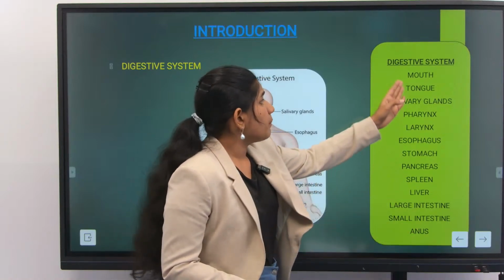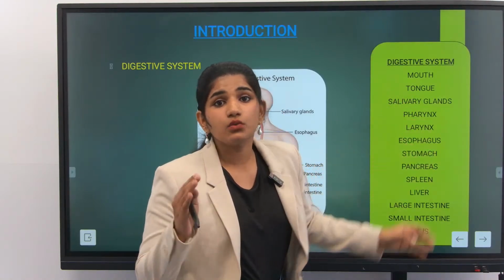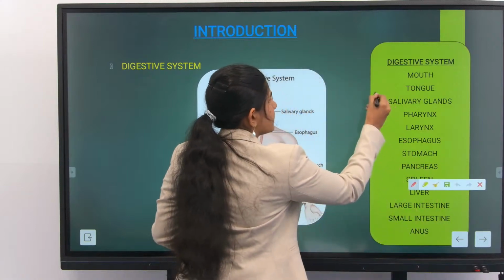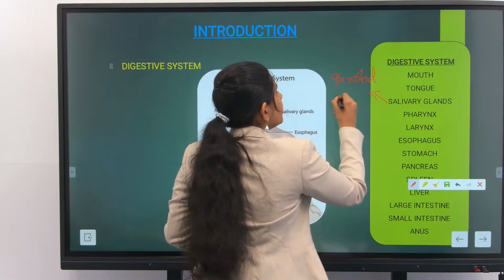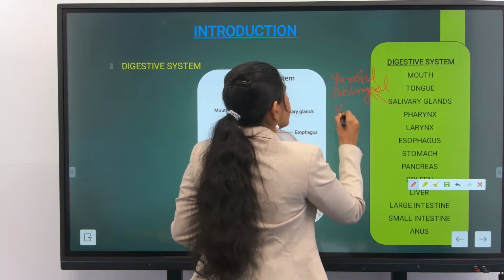The mouth and tongue lead to the salivary glands. Actually, there are three types of salivary glands: the parotid gland, the sublingual gland, and the submandibular gland.